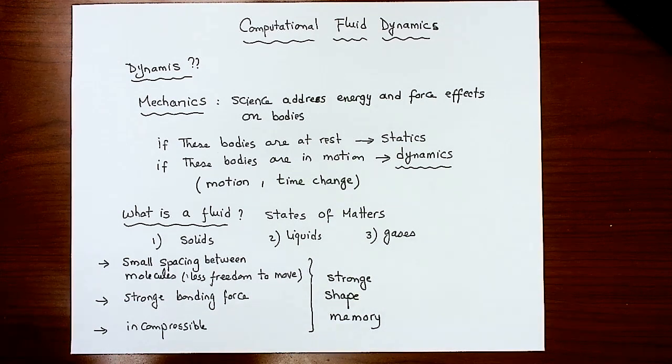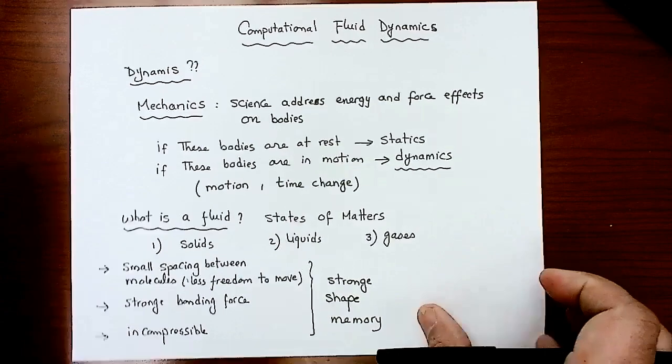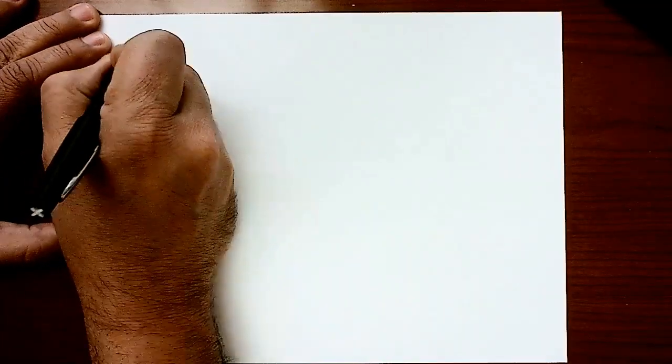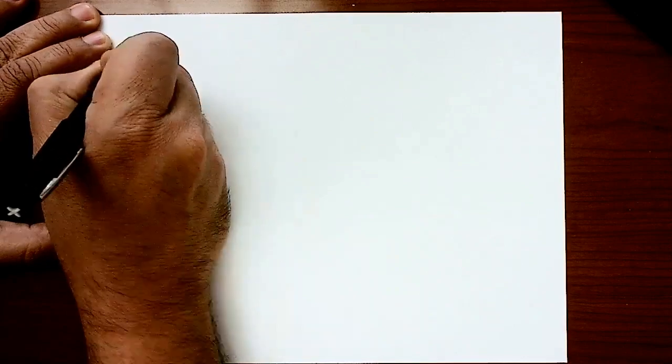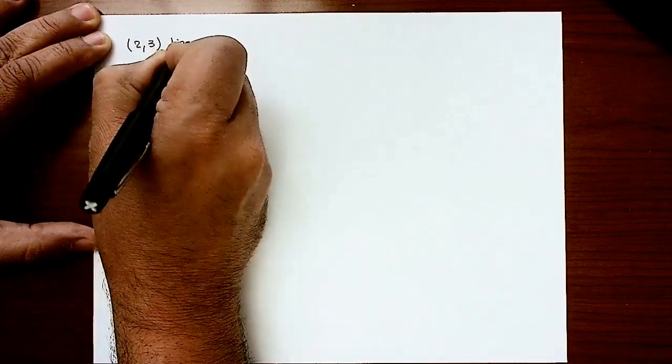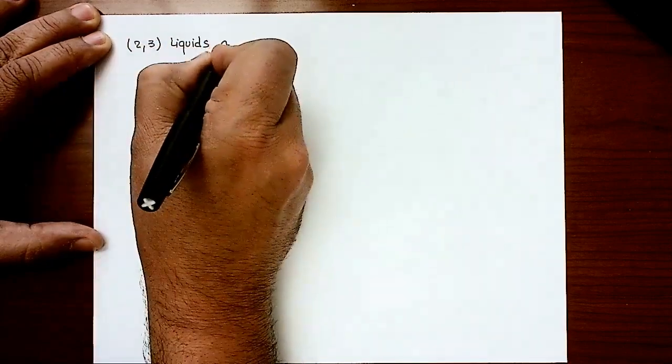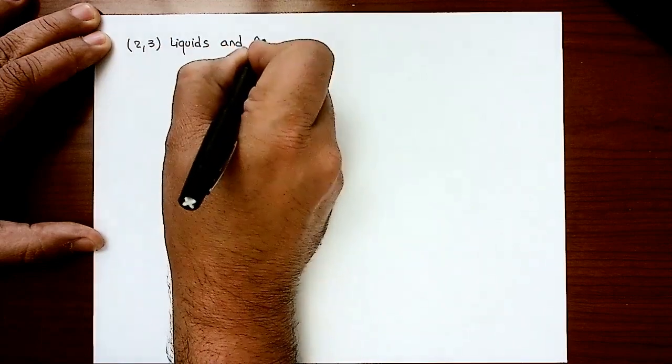Now let's look at liquids and gases, and they have very common characteristics for both of them. So let's combine them together and see what the major characteristics for liquids and gases are. So for number 2 and 3, liquids and gases.